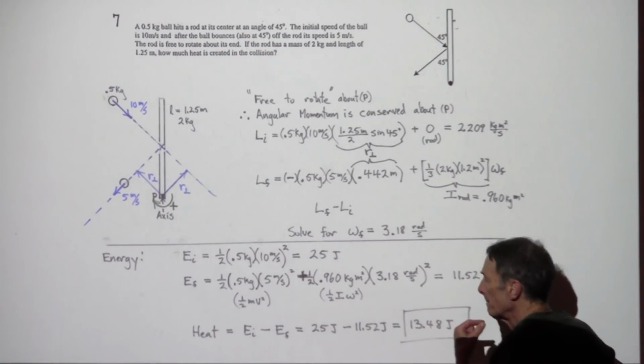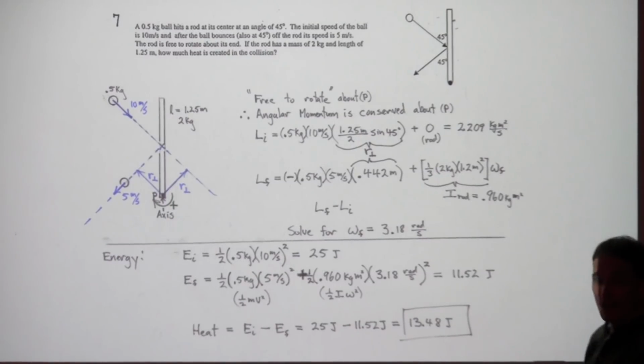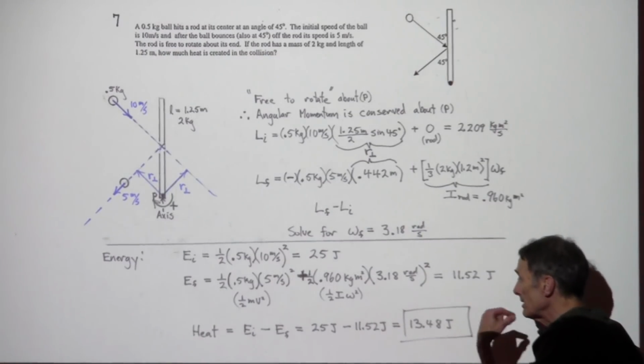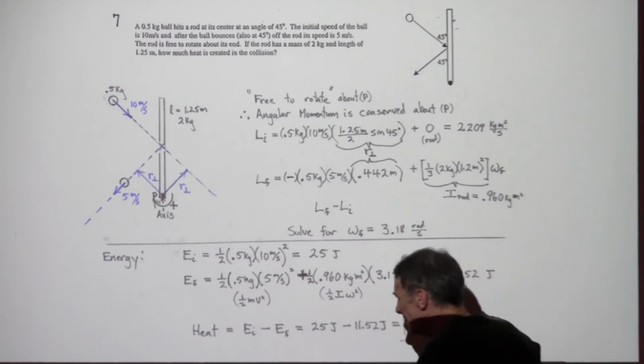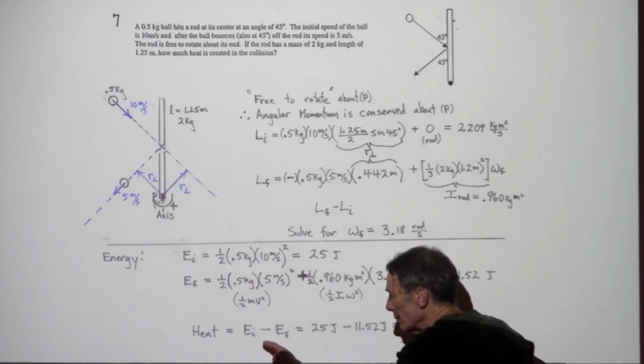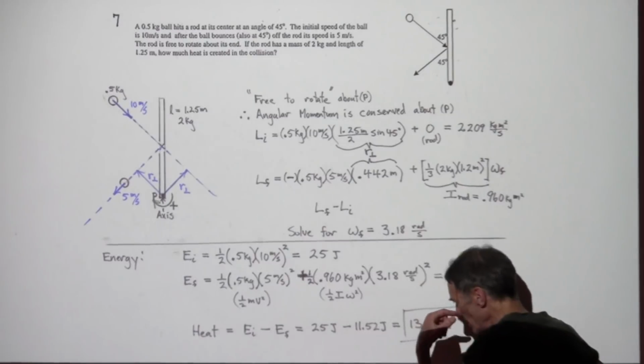Heat, we call it a positive term, and I got a little clumsy here. The sentence says created, and that would be created in the collision. Right, heat is something we call positive. I've gotten a bit sloppy here. No, this is right.